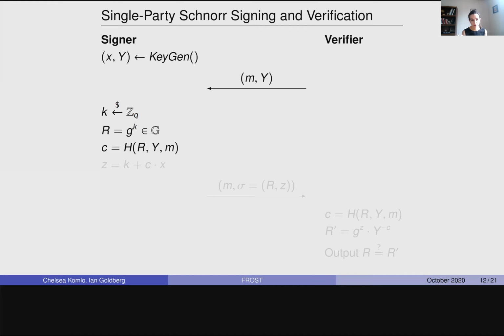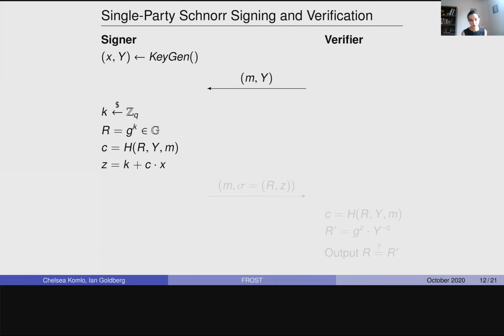So then they'll generate the challenge, which is essentially just the hash of this commitment R, their public key Y, and M. This challenge sometimes includes the public key, sometimes it's just the commitment and the message, but here we show this in the EdDSA-like style.